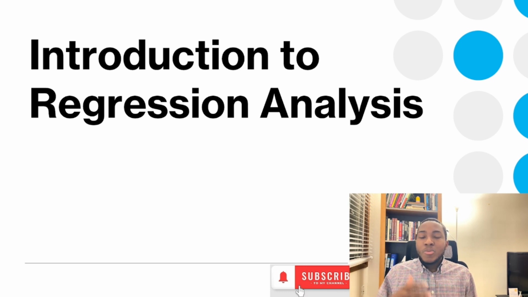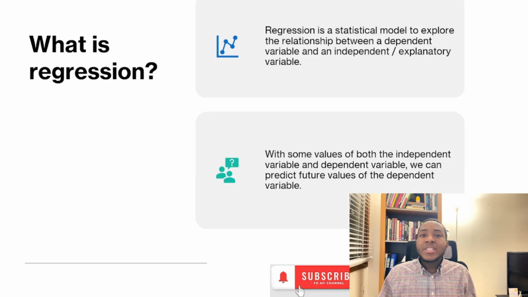So two things: we want to make predictions and we want to establish causal inferences, and mostly we do that through building theories. So in regression analysis, what we want to do is build a model using statistics that will help us to understand the relationship between an explanatory variable or some explanatory variables and an outcome variable.